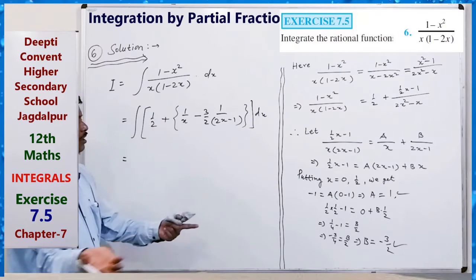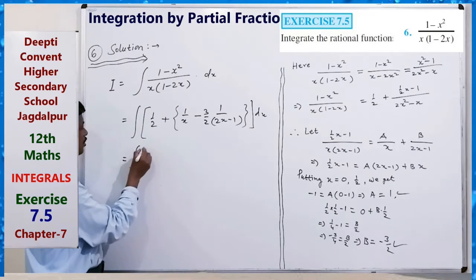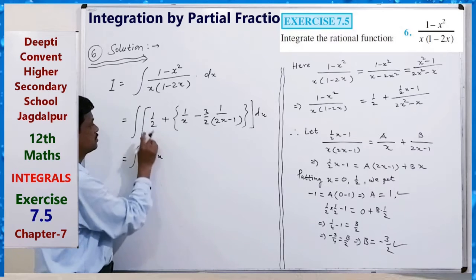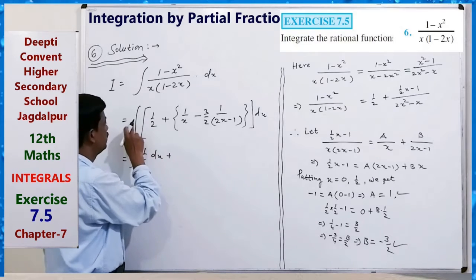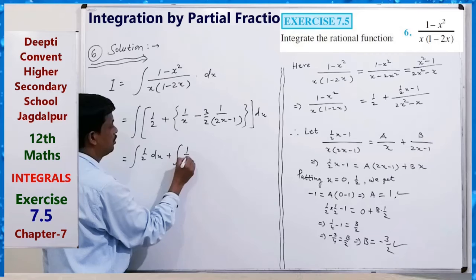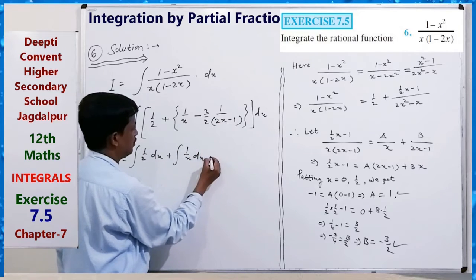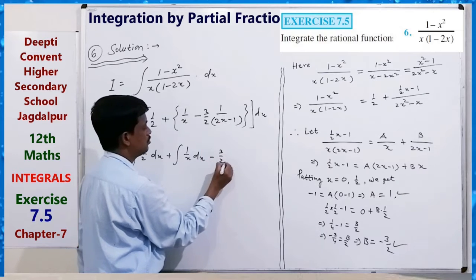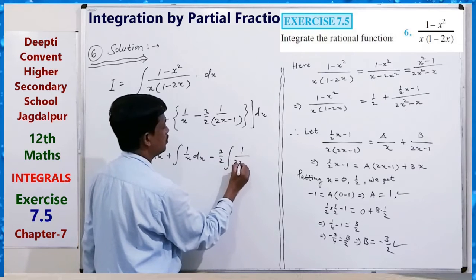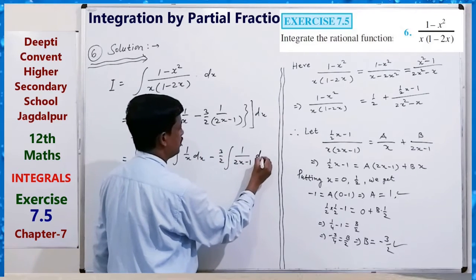Now distribute it: 1 by 2 dx first, second, integral of 1 by x dx minus 3 by 2 integral of 1 upon 2x minus 1 dx.